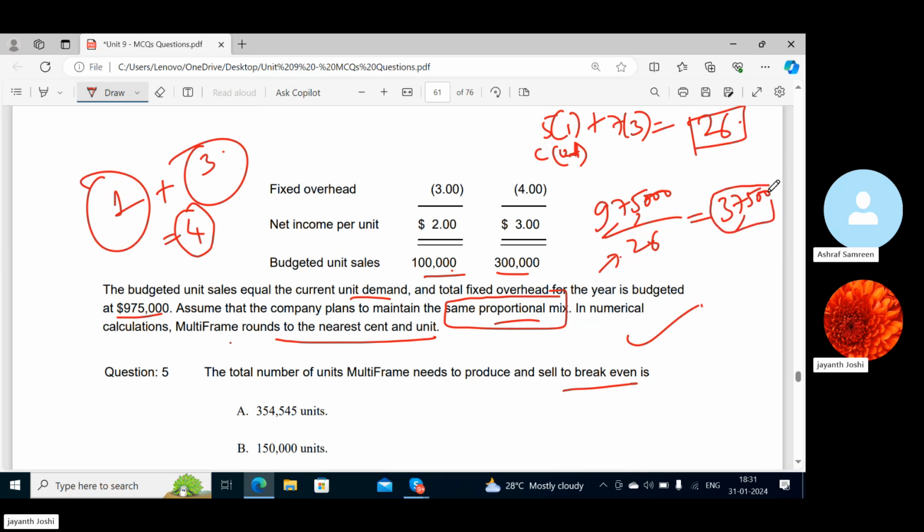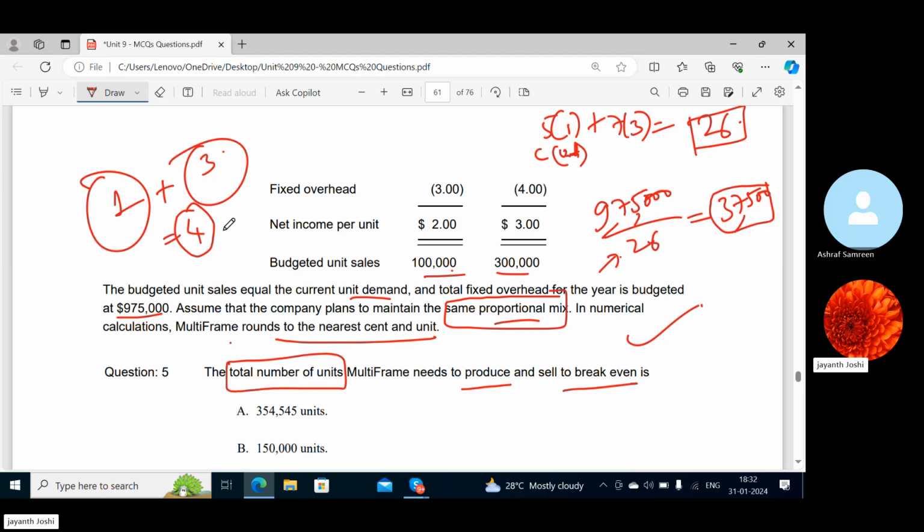This is the break even point, correct? Yeah. So the 4 frames should be there. They're asking, assume that company plans to maintain the same. In numerical calculations, multi-frame rounds to nearest cent and unit. Total number of units multi-frame needs to produce and sell to break even. They need to produce and the total number of units they are saying.